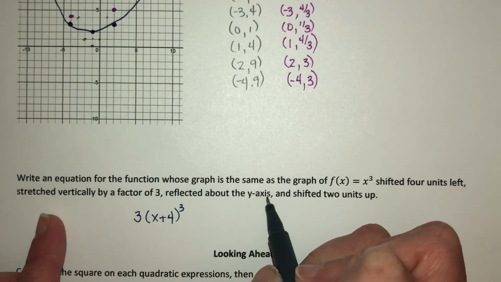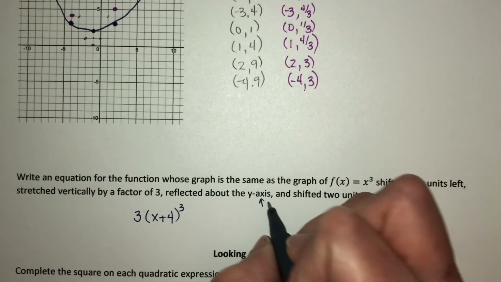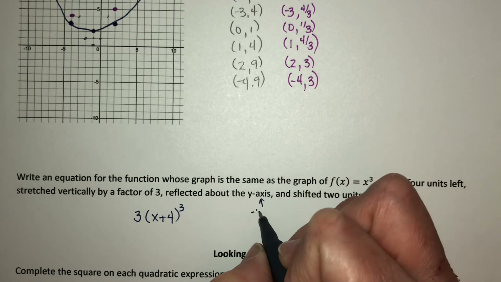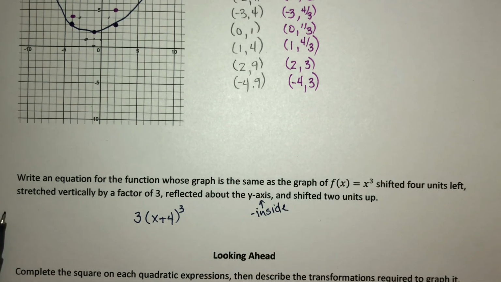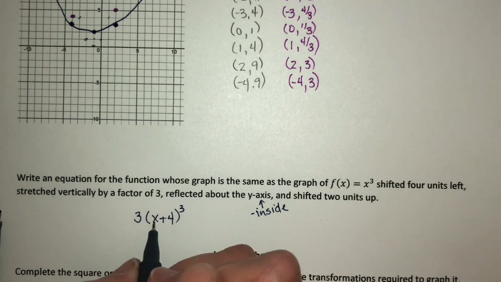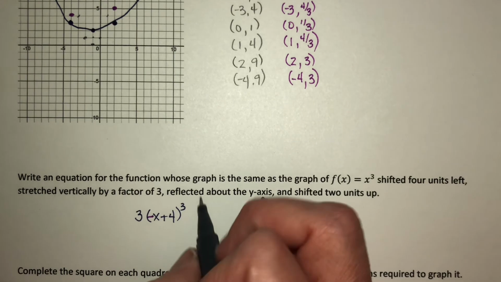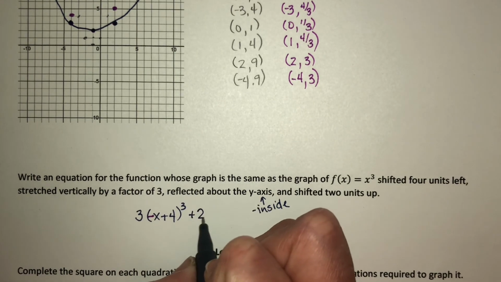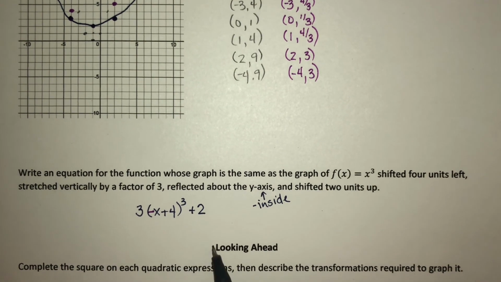Reflected about the y-axis. That means it is a horizontal change, so I need to put a negative on the inside. And so I'm just going to put this right here, negative on the inside, and then shifted 2 units up. Okay, it's kind of ugly right now.